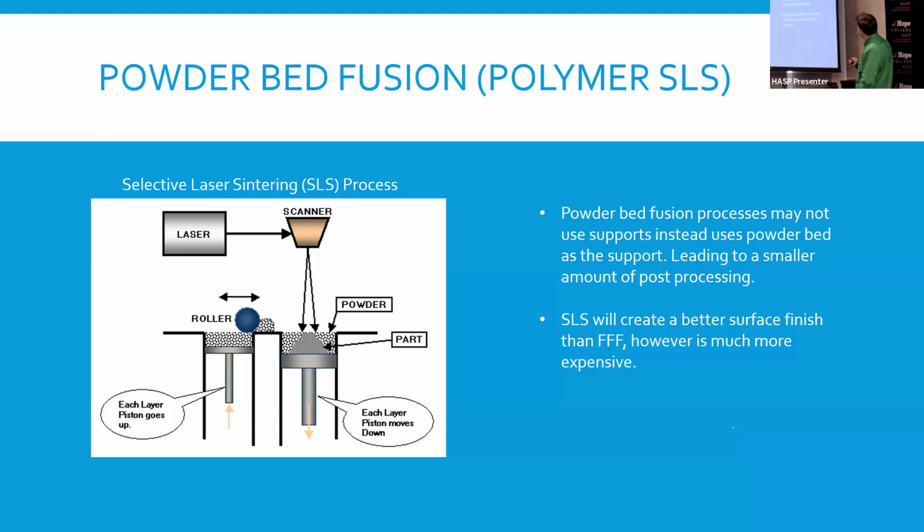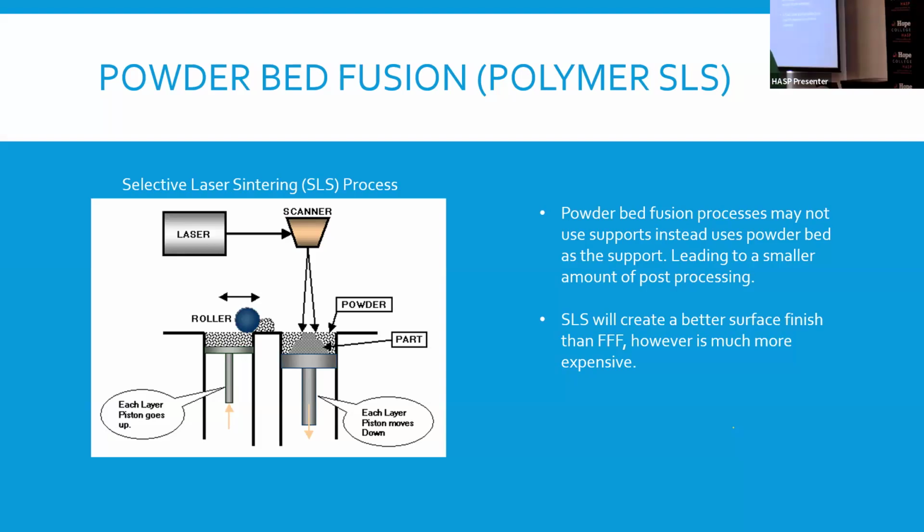SLS will create a better surface finish than triple F. However, it's much more expensive. I can't give you an exact price on them, but they're probably over 30,000 at some points. I will pass these two parts around so you can tell the difference in surface finish.